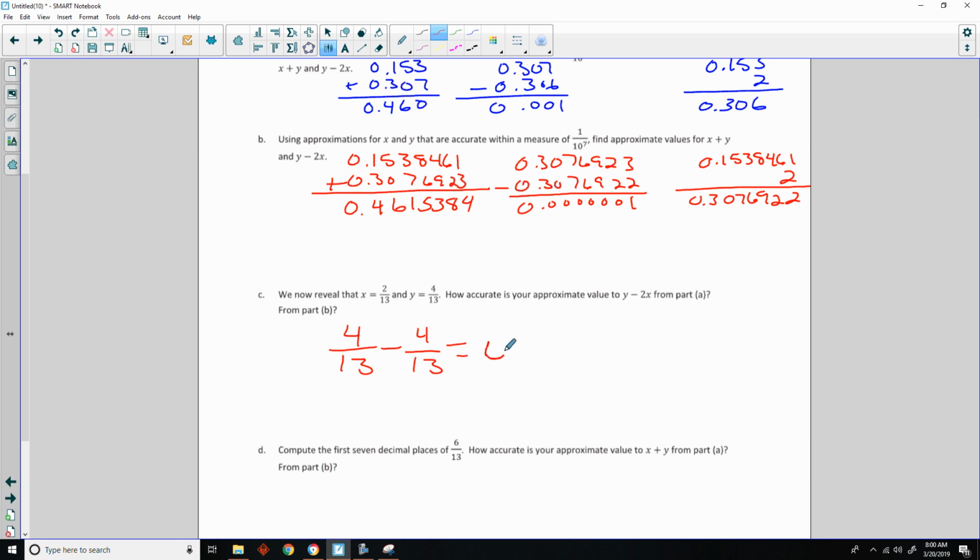So what do I get? 0. How accurate is our approximation? That's pretty close. 1/10,000,000ths is pretty close to 0.